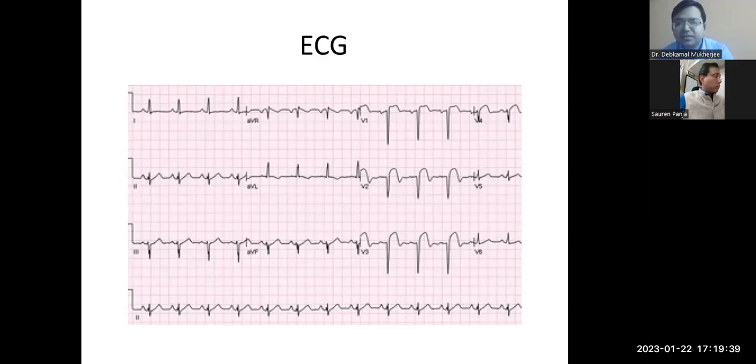But this typical picture was suggestive of LAD involvement because the precordial leads were involved. In the lateral leads, 1 and AVL, or in 2, 3, and AVF, there wasn't much of a change. So we didn't go for it. Yes, that is true. Most of the time it is associated with inferior wall MI, but nonetheless, for the sake of completeness, one should do right-sided leads. And the JVP was elevated.